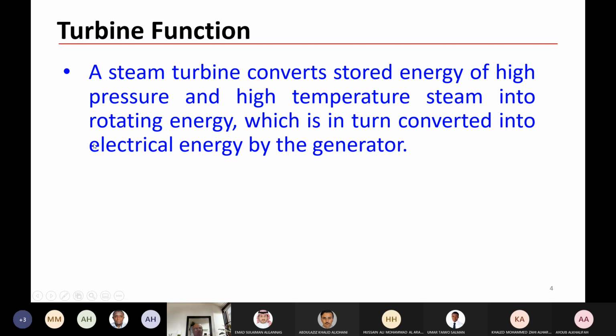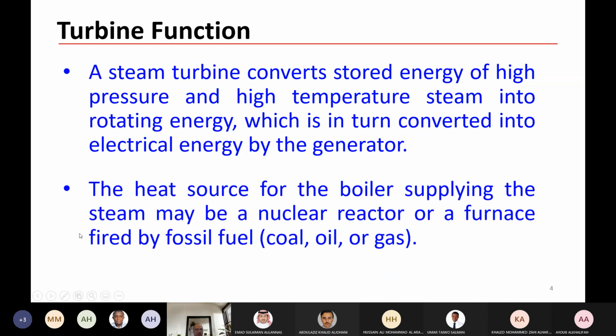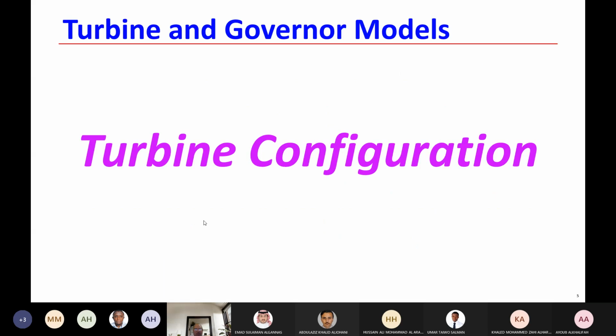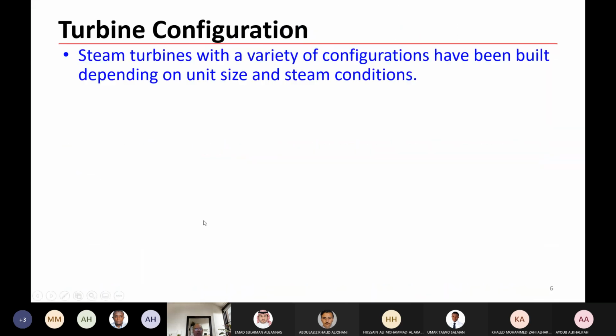So it is thermal energy to mechanical energy and then to electrical energy. The heat source comes from the boiler, which could be a nuclear reactor or a furnace fired by fossil fuel: coal, oil, gas, and so on. Configurations: we have two configurations.